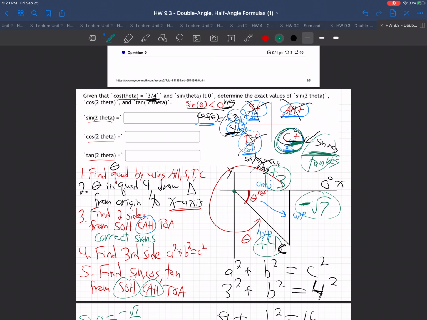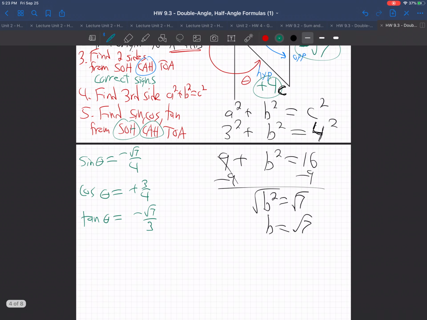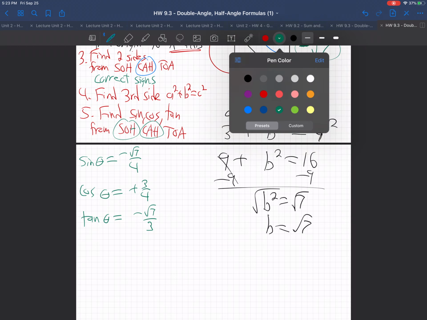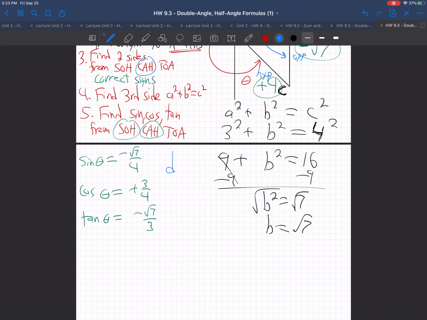The others are negative. So sine and tangent are negative, cosine is positive. Perfect, good, double check. So I'll write, double check your signs by all students take calculus.